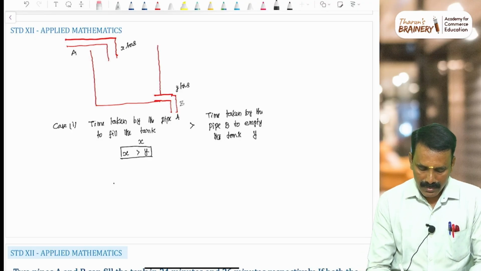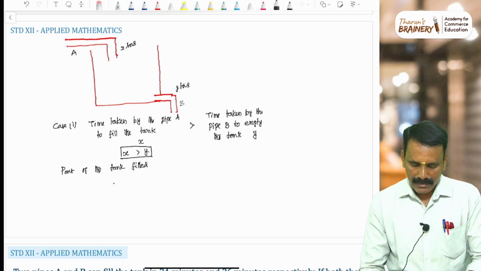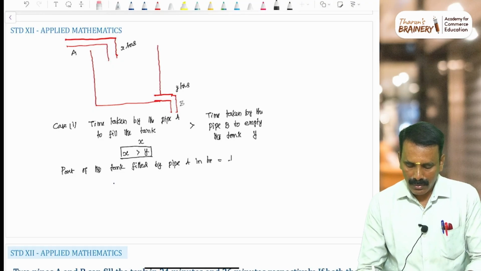Now, part of the tank filled by pipe A in 1 hour will be equal to 1 by X part.